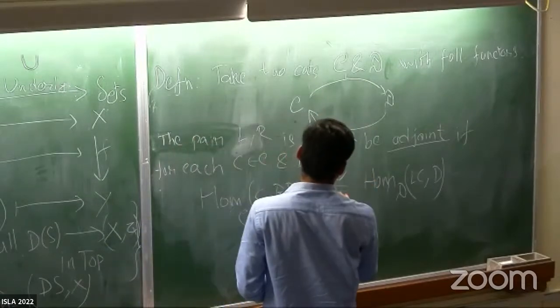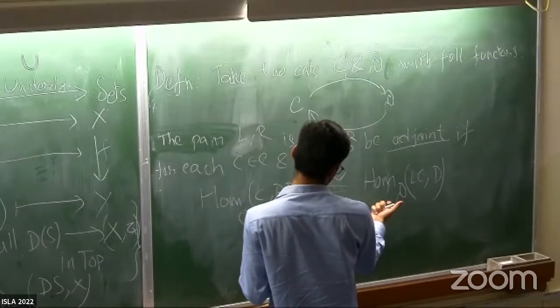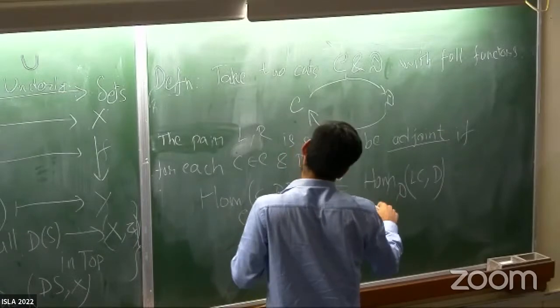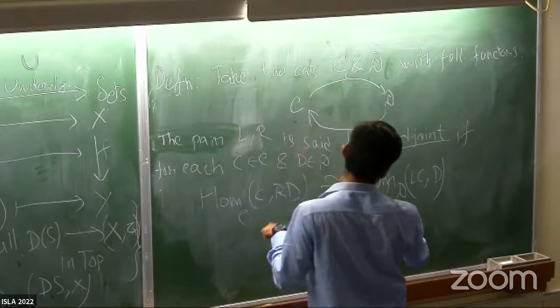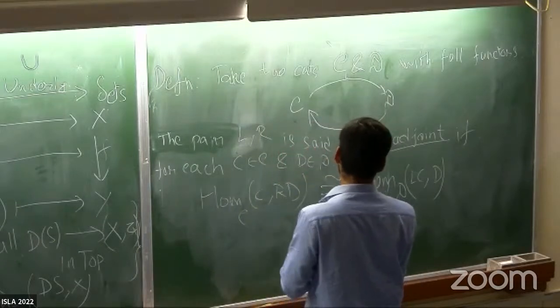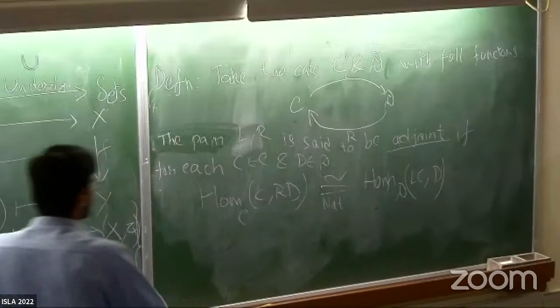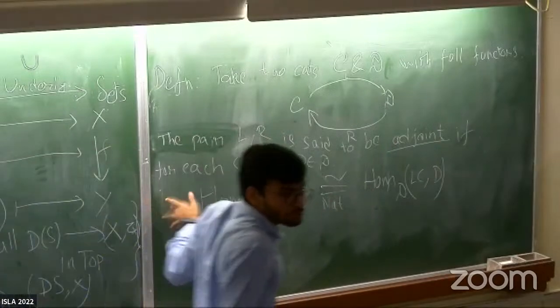And just to make sure that you don't behave very badly in establishing this isomorphism, it should be natural. So this is the definition of adjoint functors.